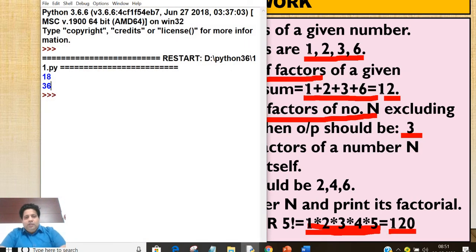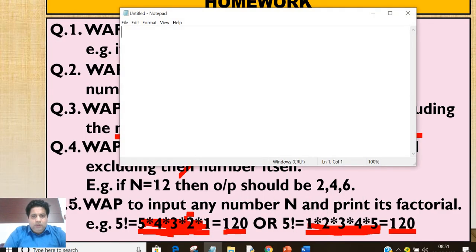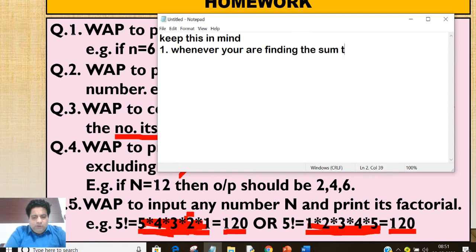Keep one thing in mind, whenever you are finding the product. Whenever you are finding the sum, take one variable and initialize it with 0, because adding 0 to anything will not change the result.